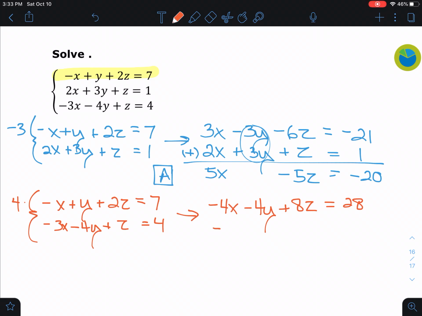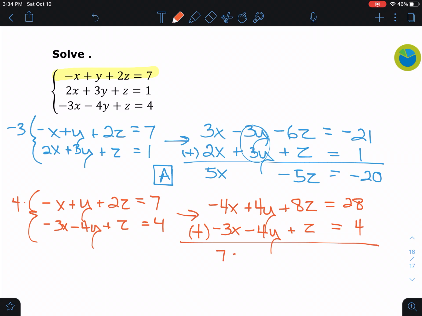Okay, on the bottom, we got 3x. Oh, this should be plus, excuse me. Minus 4y, and then plus z equals 4. Watch your signs. I almost made a big mistake there. Hopefully that's good for you to see. Be careful of that.